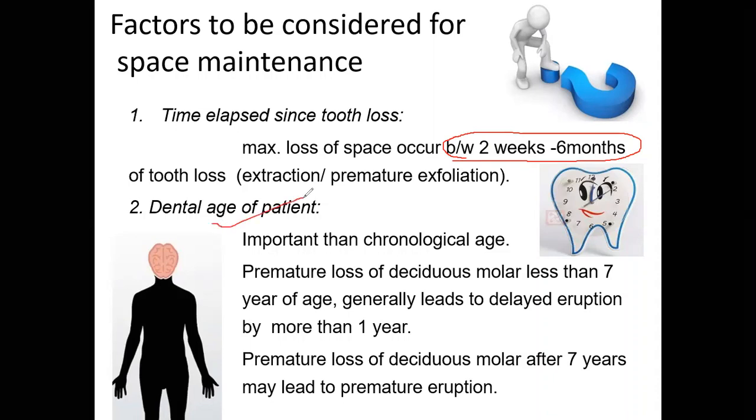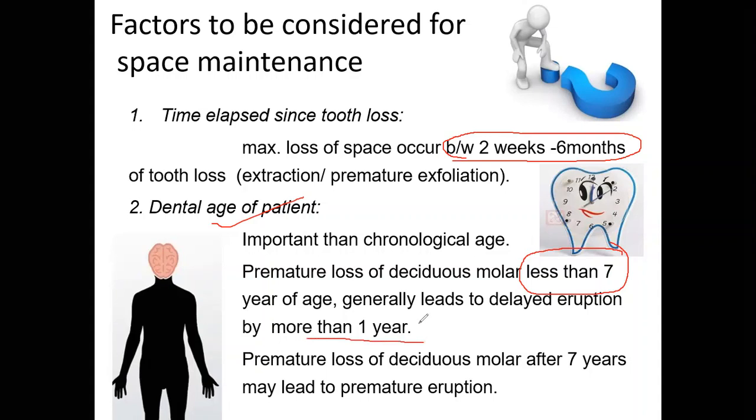Then number two, we shall see the dental age of the patient. If there is premature loss of a deciduous molar at the age below 7, that will lead to delayed eruption of the permanent tooth.